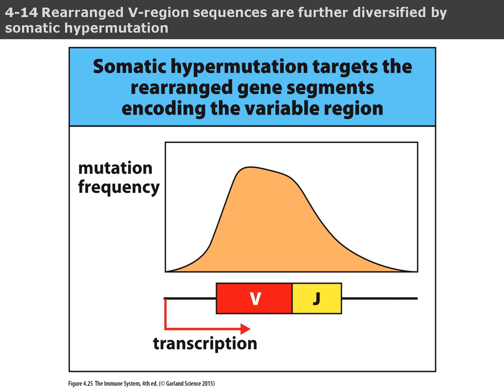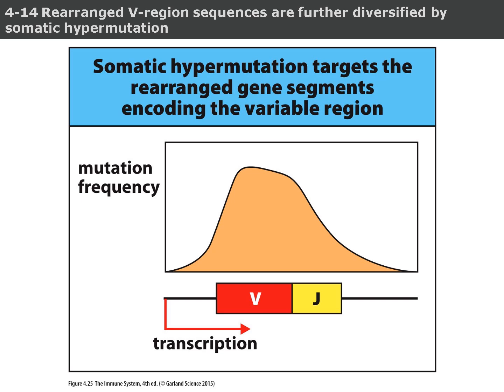This figure highlights how somatic hypermutation introduces additional diversity into the variable region of immunoglobulin genes after recombination has occurred. Following activation, B cells undergo rapid division in specialized regions called germinal centers.